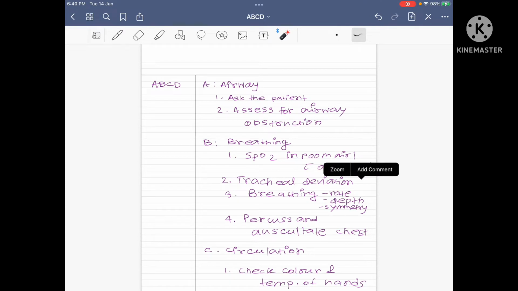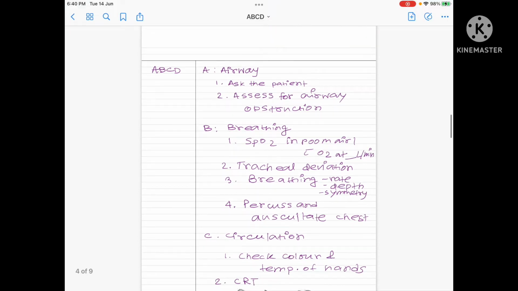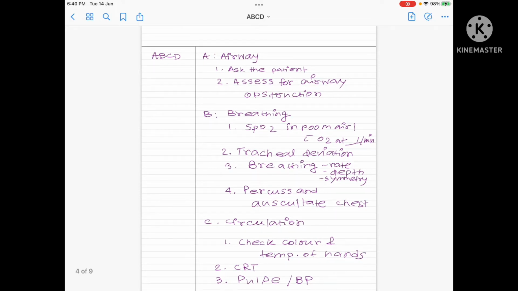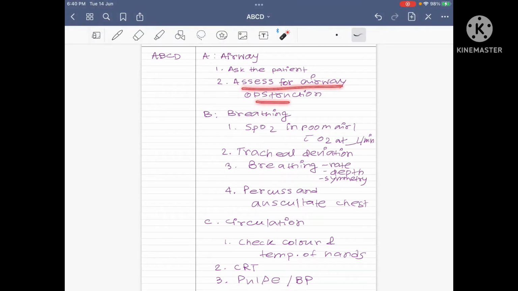Let's start with ABCD. As you know, A stands for airway. Always try to ask the patient about his complaints, not the patient's relatives. If the patient can talk, then the airway is secure and you can go to the breathing part. But if the patient cannot talk, then you should surely look for airway obstruction. How should we look for it? You can look at the airflow at the mouth level, and observe any throat or tongue swelling.